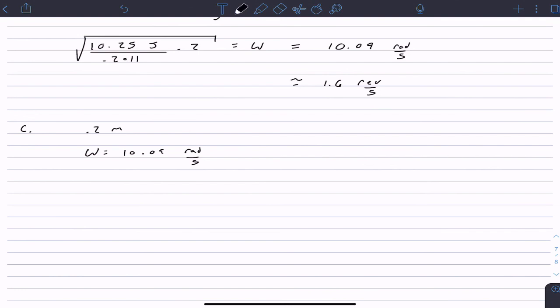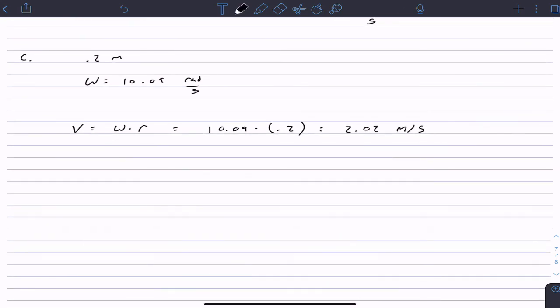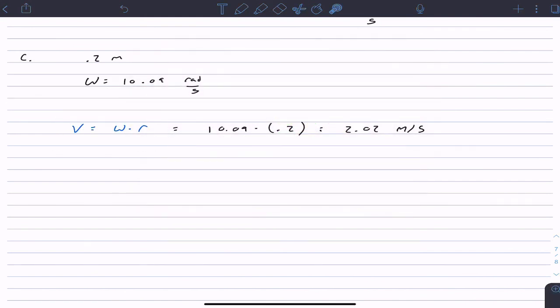And that's enough to find what we need, because we take this times this, and that's our identity. So now we have 10.09 times 0.2. That's going to be equal to 2.02 meters per second. That's the linear speed. I just used the value we just found.